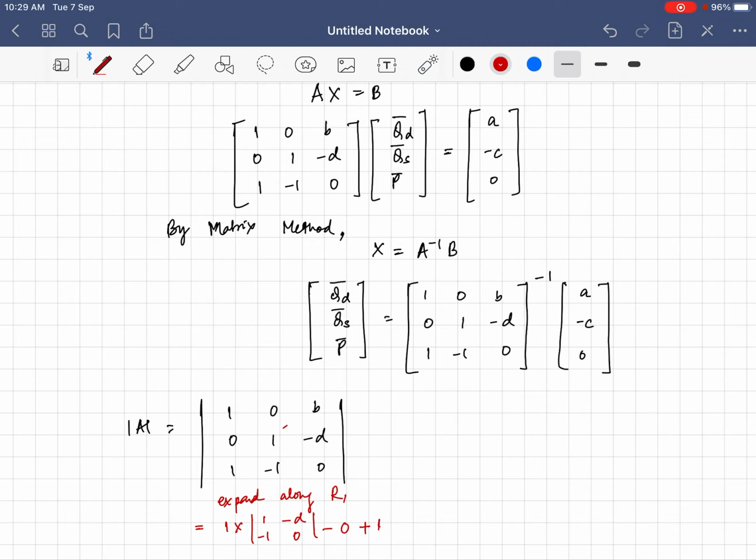Plus, it is what? B. And what are the elements that will come? 0 1, 1 minus 1.